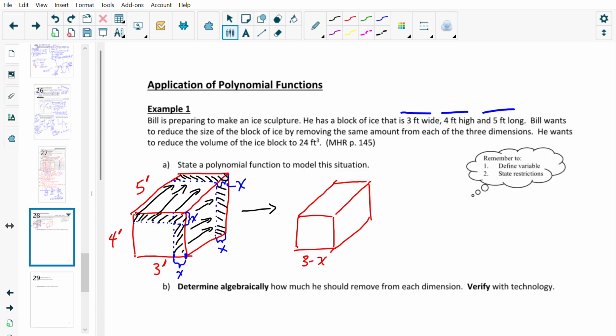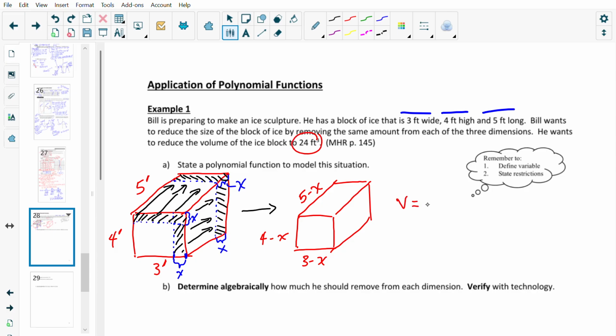Okay, so algebraically speaking, the new width is 3 minus x. The new height is 4 minus x. And the new depth, or the length, is 5 minus x. State a polynomial to model this situation. We said the new block of ice is 24 cubic feet.